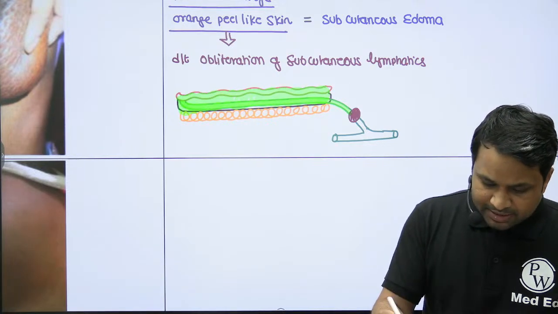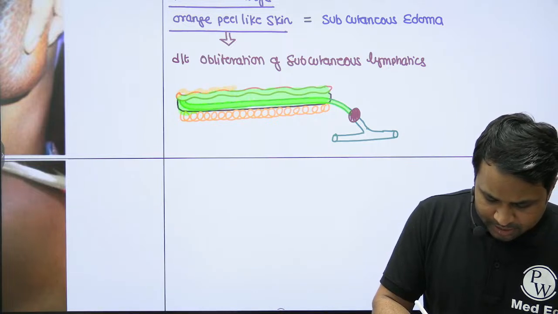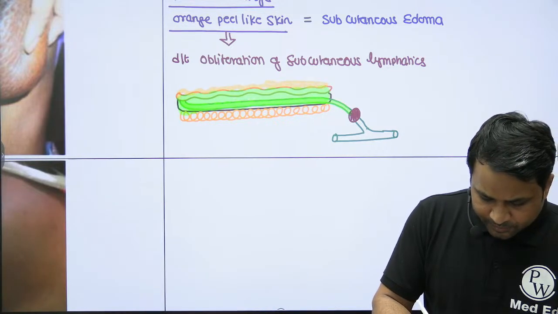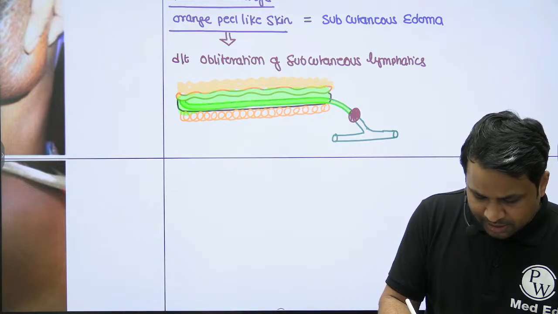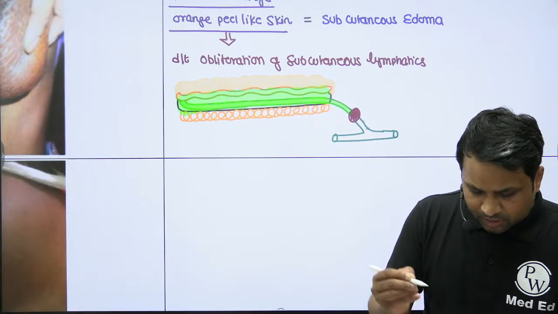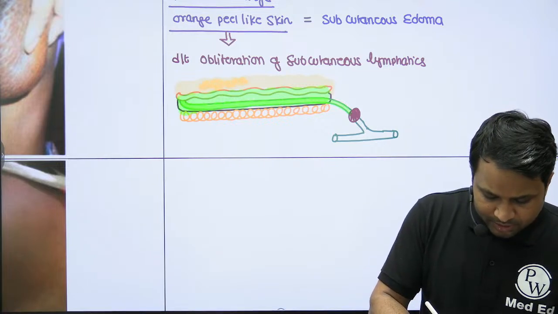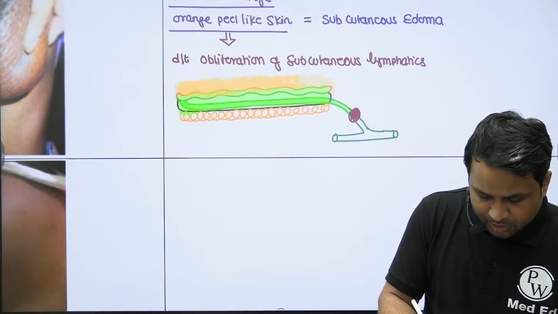As the skin gets congested, it is going to become dilated and edematous because of the lymph which is not able to drain.